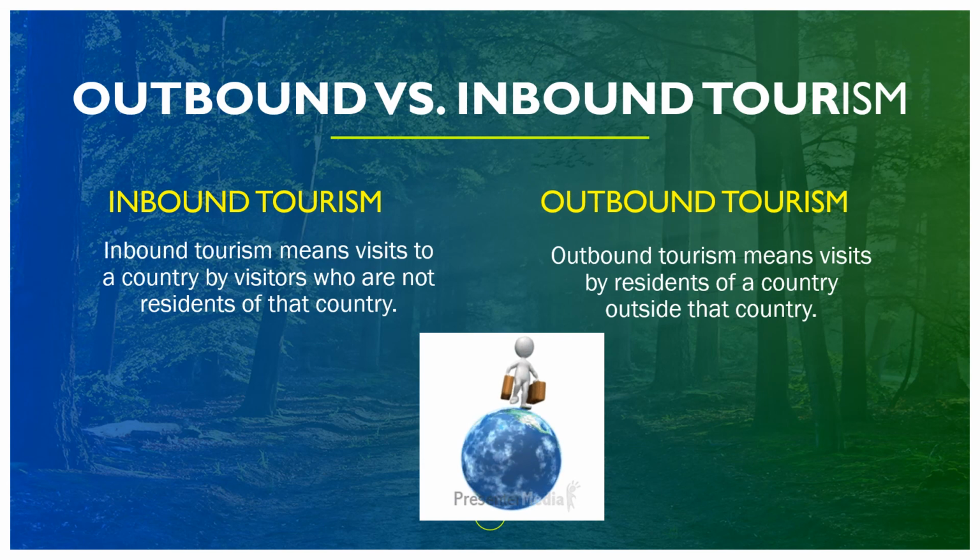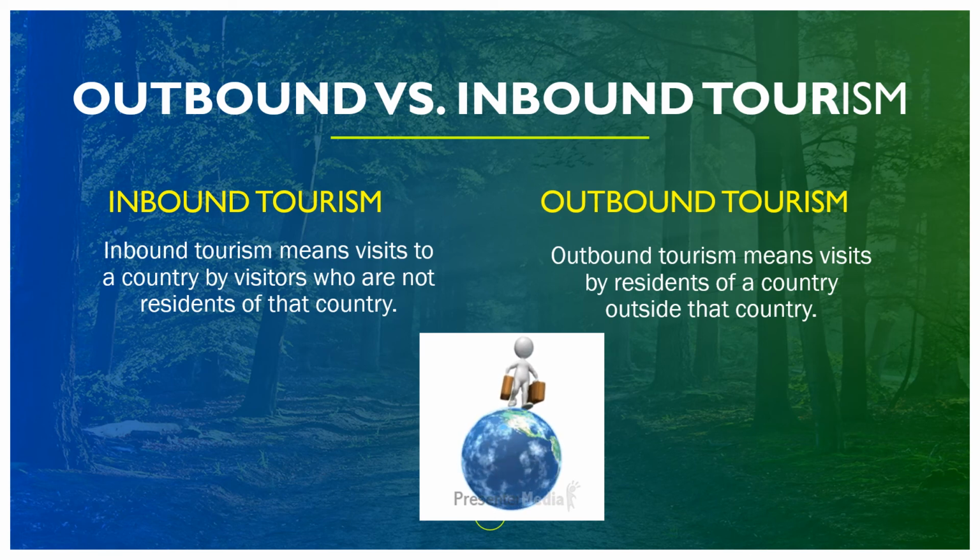We also have outbound versus inbound tourism. Outbound tourism is when a tourist exits his or her country to visit another. For example, Joe is an American and he is leaving the United States to visit the Philippines for a business conference.